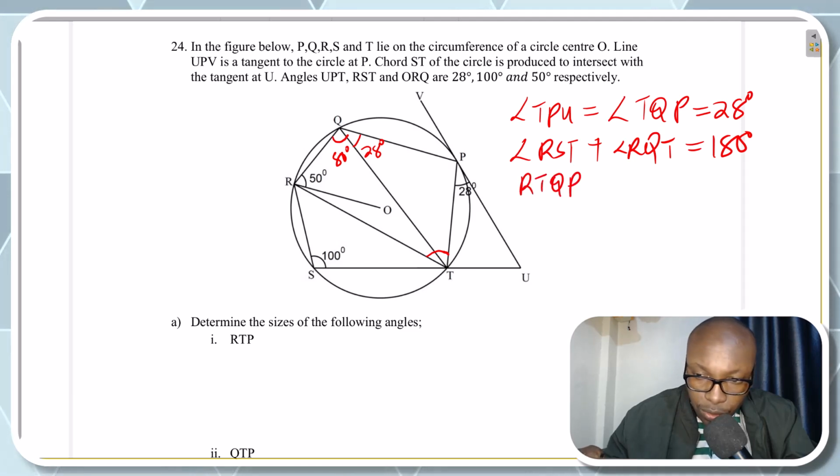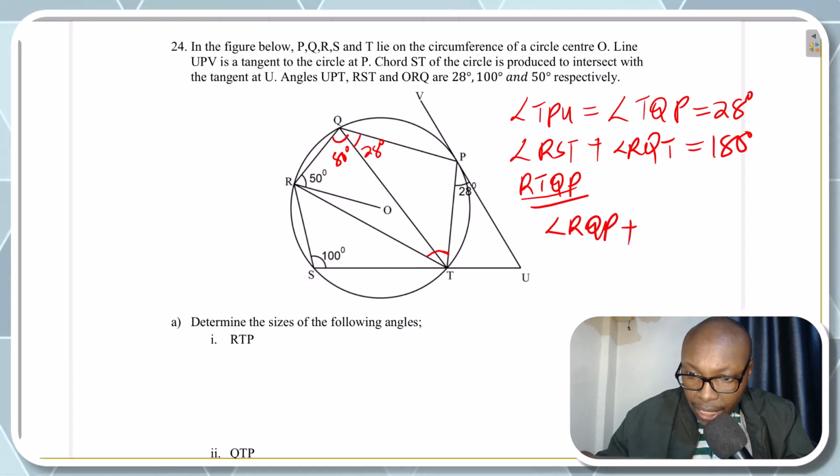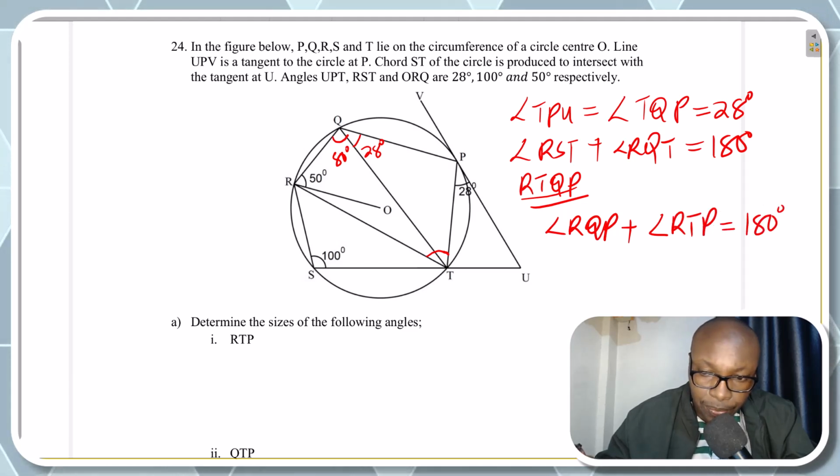Look at that quadrilateral, and then look at angle RQP plus angle RTP. Angle RTP is the required angle you're supposed to get. That one you should get 180. Again, these are opposite angles in a cyclic quadrilateral.